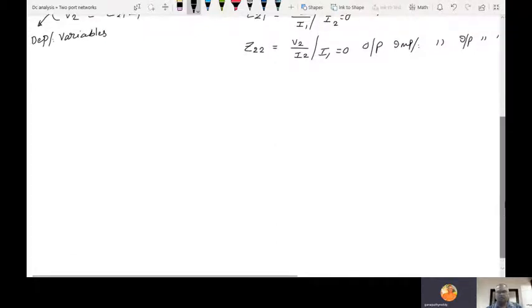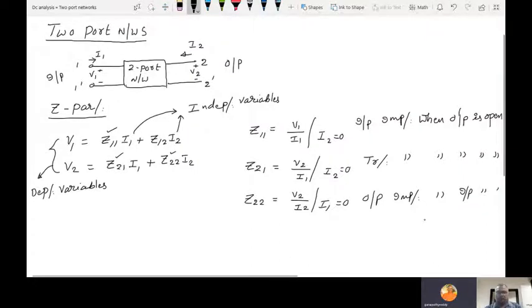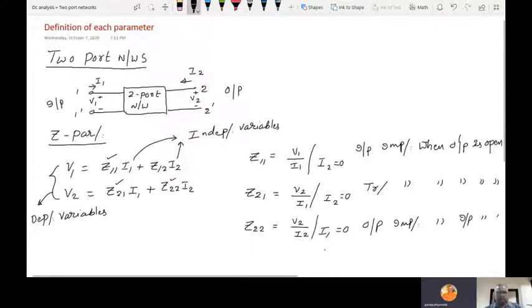Then the last one, Z12, is V1 by I2 when I1 equal to 0.